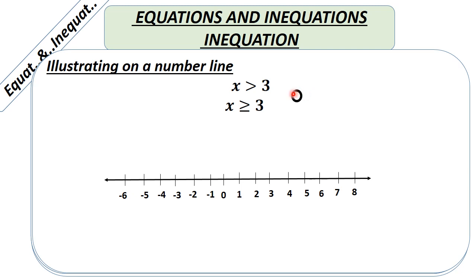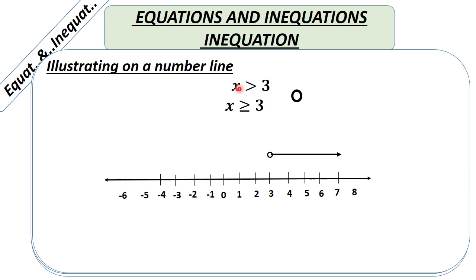So we put this on the number 3. So on top, we write an open circle and we draw a straight arrow that goes to all the numbers greater than 3.